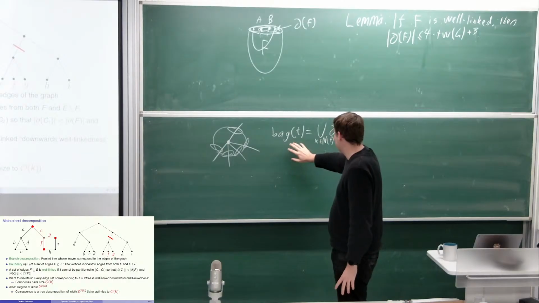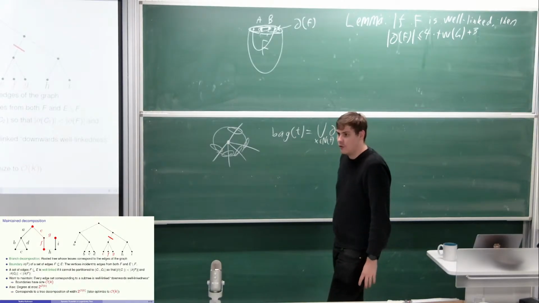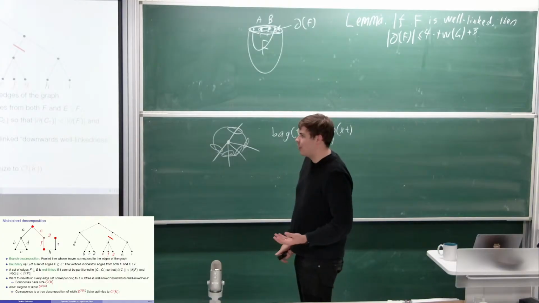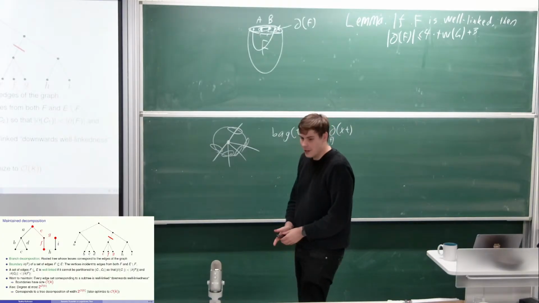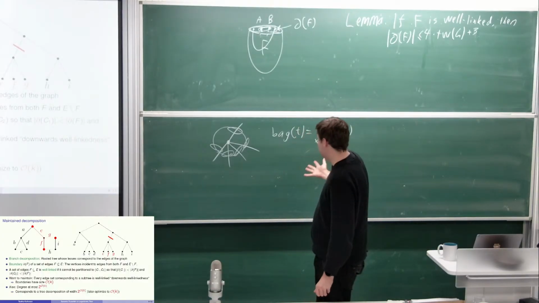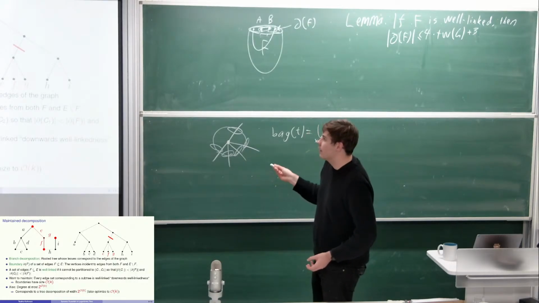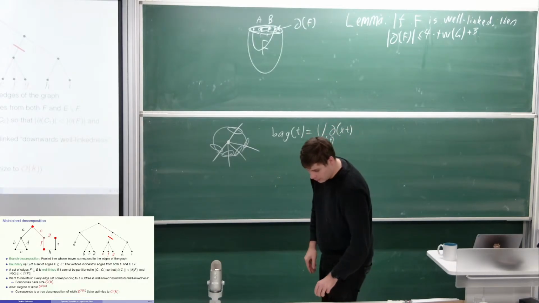It's not too hard to prove that this is actually a tree decomposition. This is the basic way to construct a tree decomposition out of a branch decomposition. The width of this tree decomposition will be the degree times the boundary size.